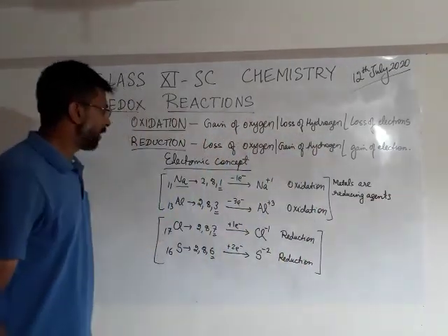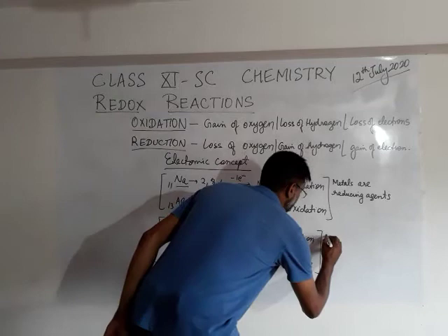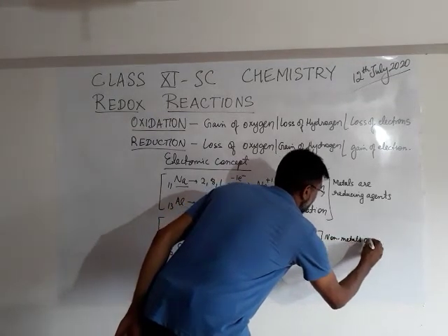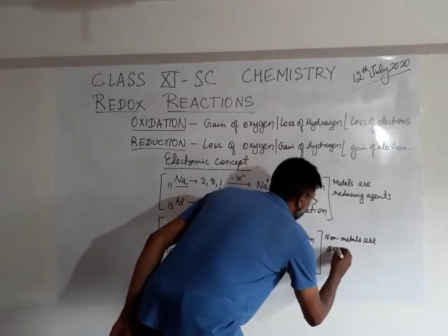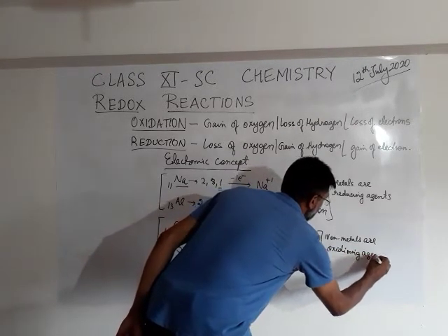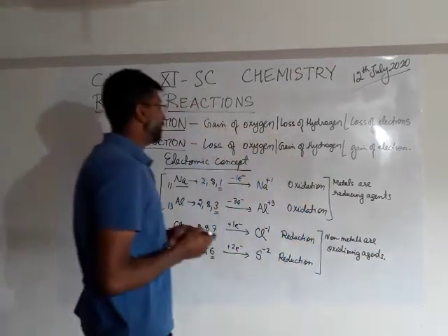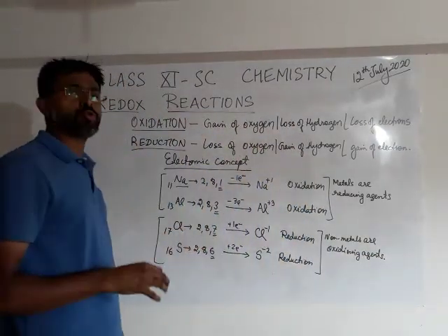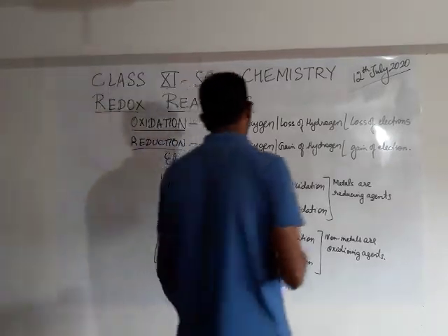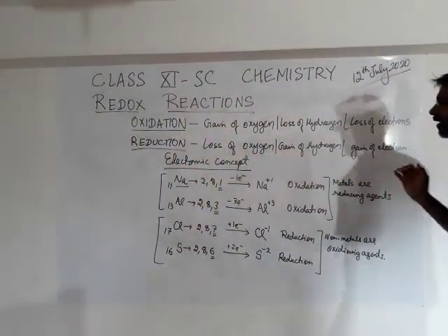And non-metals are oxidizing agents. This is the very first concept to be kept in mind and understood to proceed further in this chapter. Let me revise this very quickly.